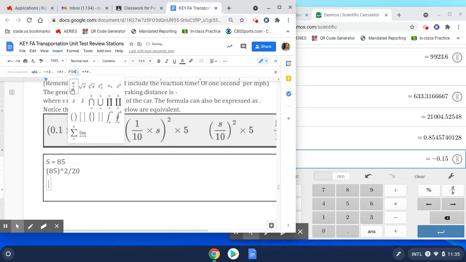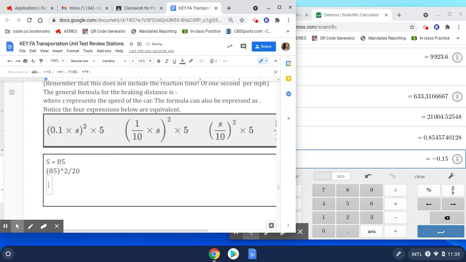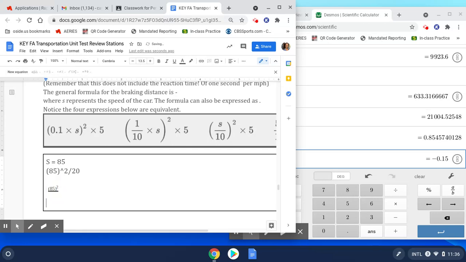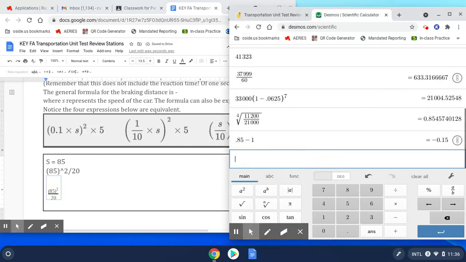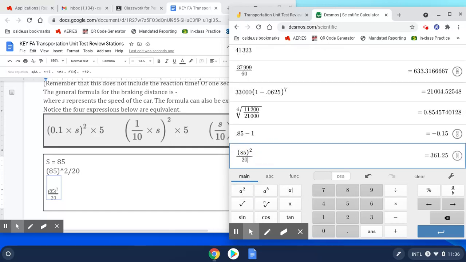Do the little fraction, and we do 85 squared divided by 20. All right, let's go calculate it. It's telling us 361.25.